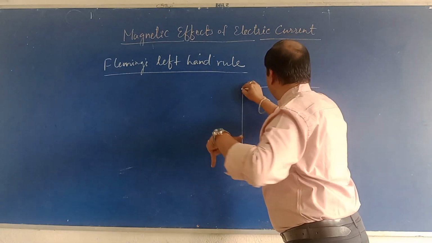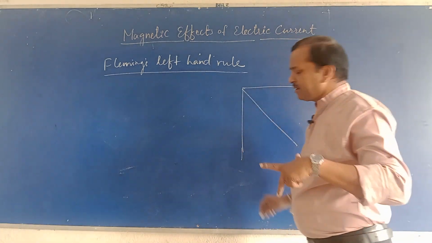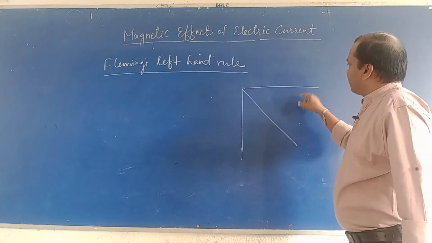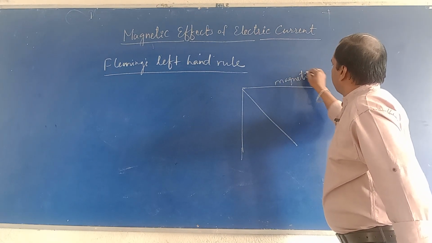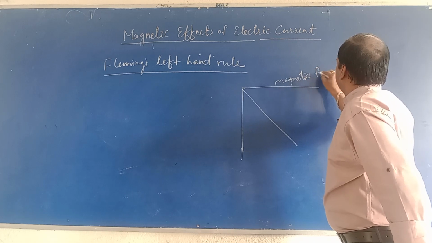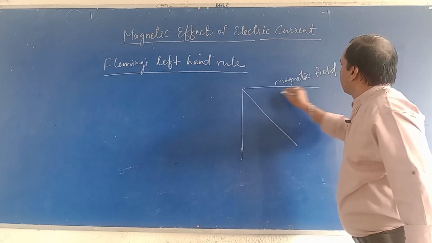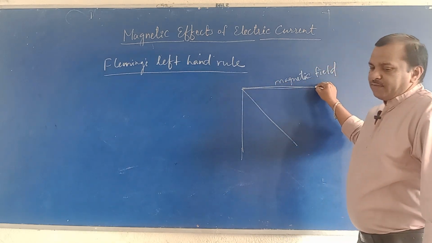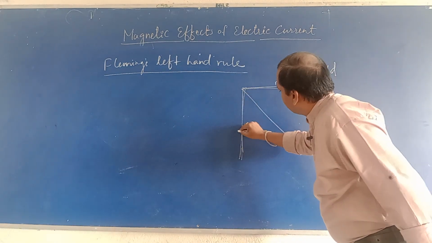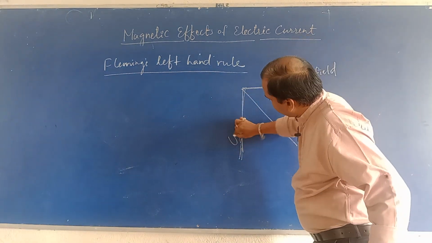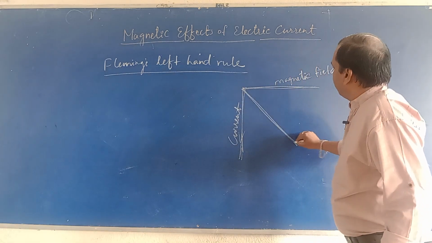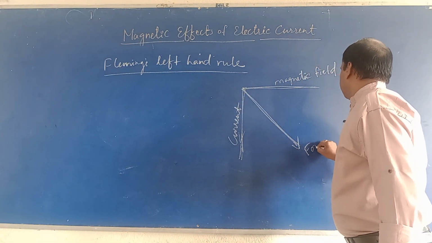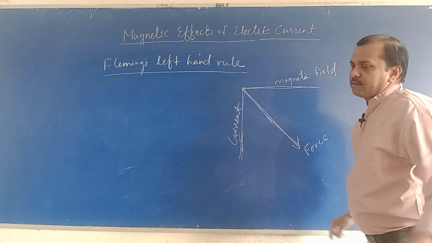The figure will be like this. Here it is the magnetic field. Clear? Here it is the current. If the current is downward, the force will be here, the movement will be this side.